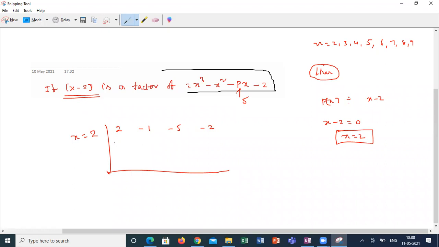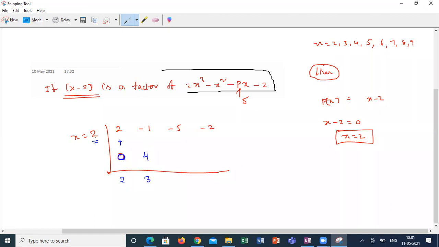So you have to start the first digit with 0. In each question you have to start with 0 and add these two. If you add 2 plus 0, how much? 2. And multiply with the zero of the polynomial. How much will I get here? 4, sir. And add again. 3.